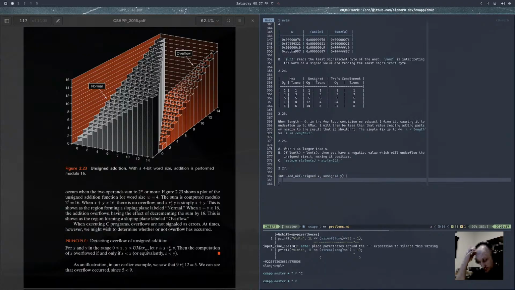This function should return 1 if arguments x and y can be added together without causing overflow. Well, we just add them together, x plus y, and check if that is less than x, then that's your result.